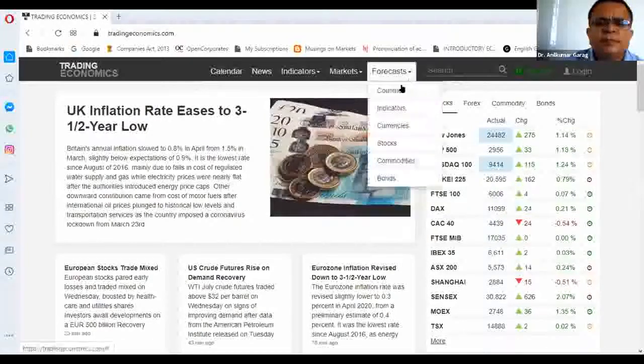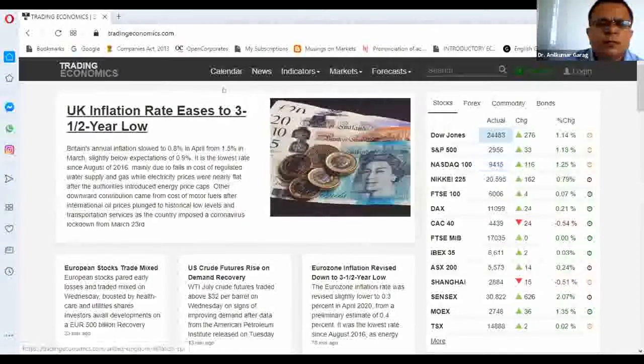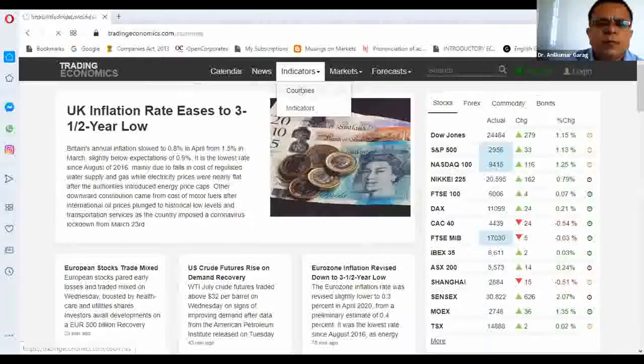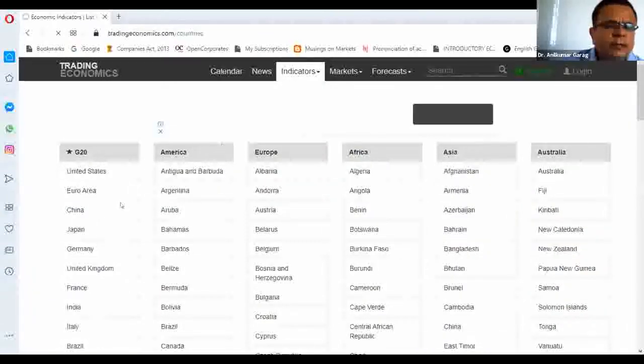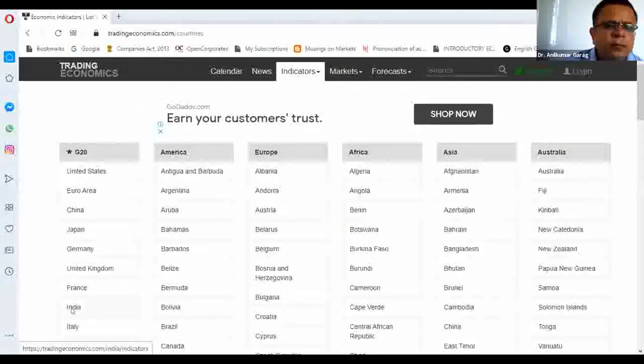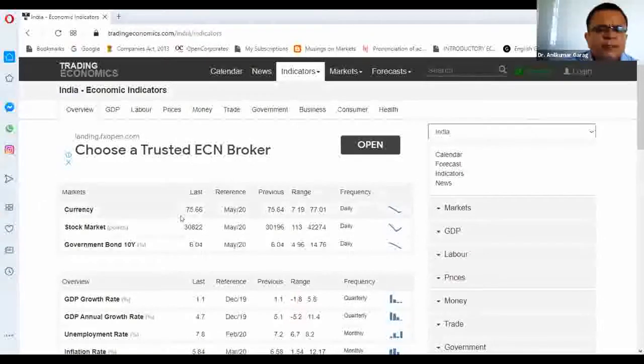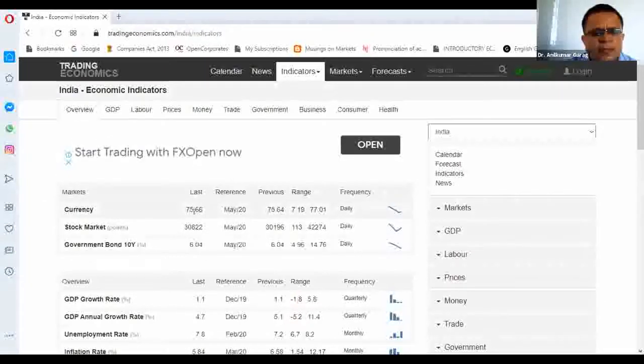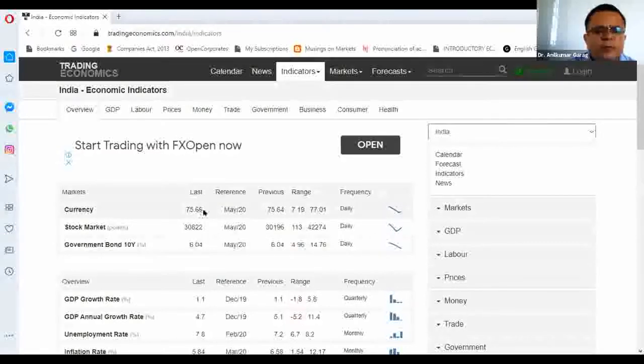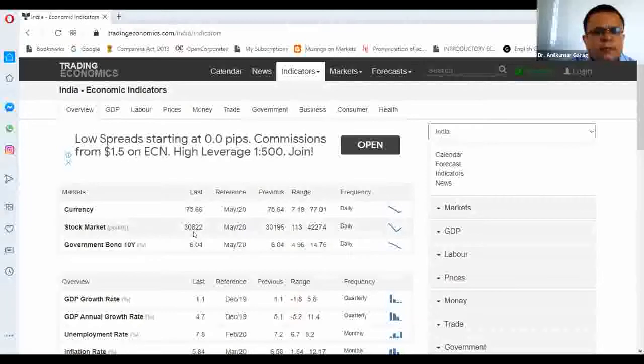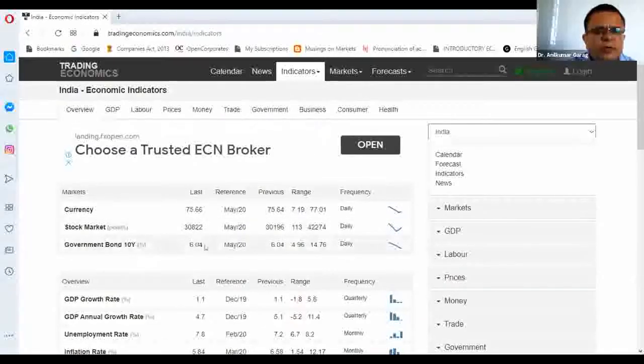Interestingly, if you look at indicators and then go to India, there you are. It says May 20th, Indian currency rupee, the dollar is trading at 75 rupees 66 paise. Sensex was at 30,822. Government 10-year bond yield is 6.04%.